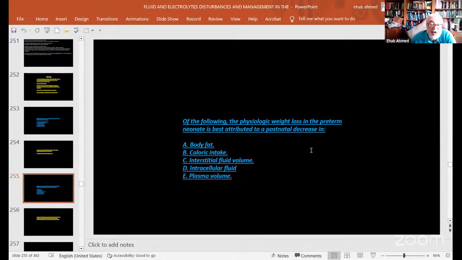Is it the body fat? Is it caloric intake? Is it interstitial fluid volume? Is it intracellular fluid or the plasma volume? What do you think? The compartment that adds more to the weight loss in the first few days of life.